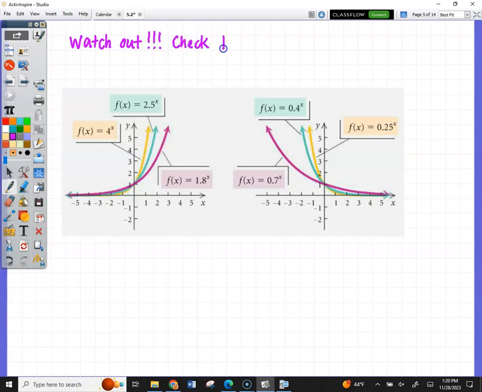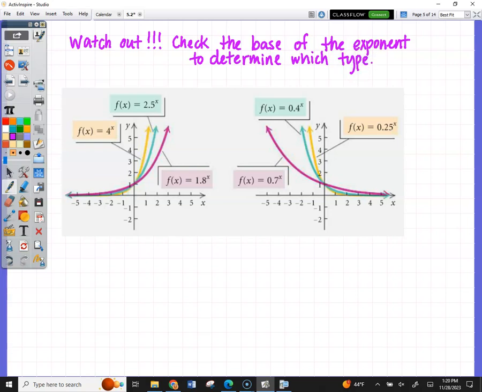Check the base. Well, we need space underneath it. Yeah, we're going to do something down here. Check the base of the exponent to determine which type.